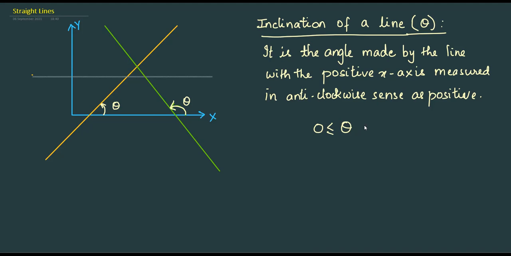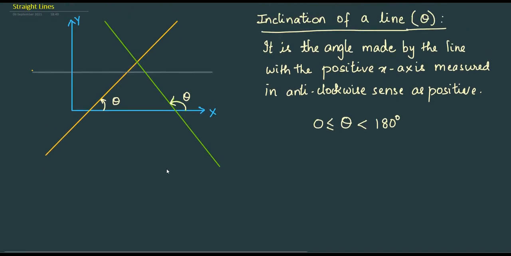No, it is definitely not 90. Then it is 180. Obtuse angles are there. It can go up to 180 degrees, but not equal to 180 degrees, because 180 degrees and 0 degrees are one and the same.